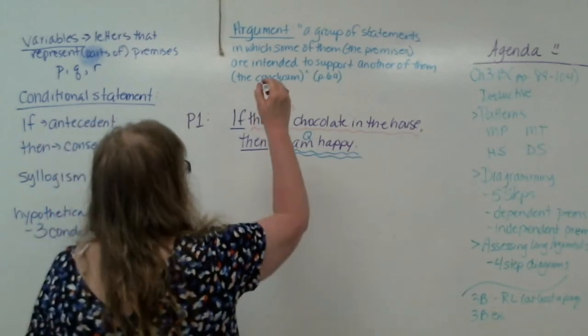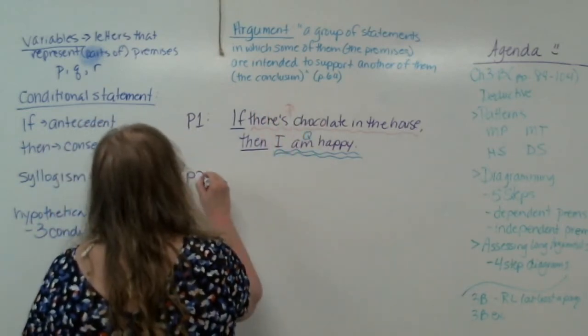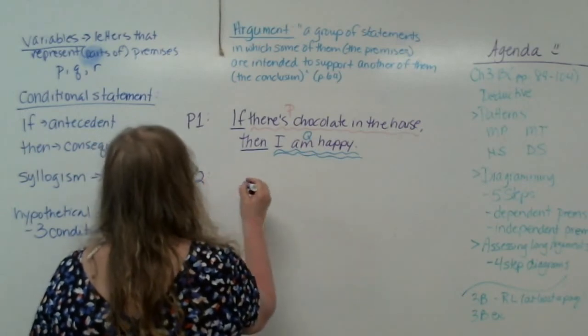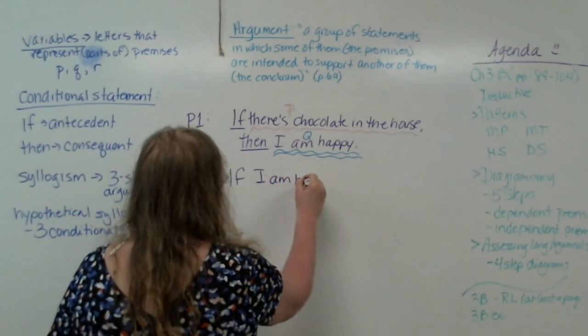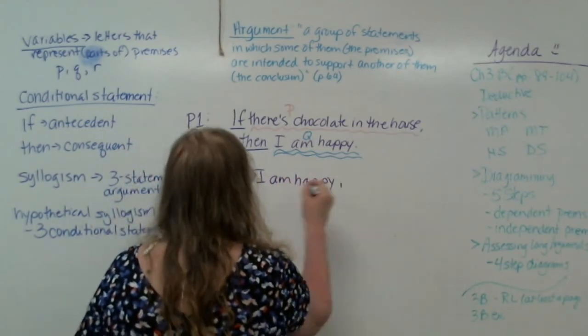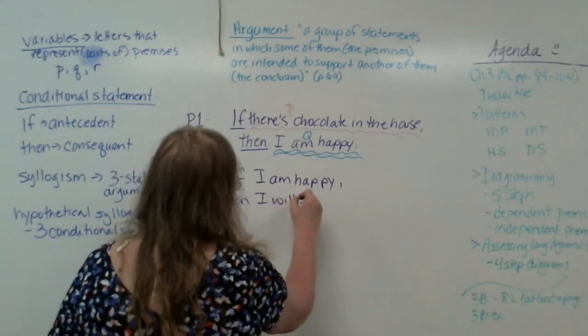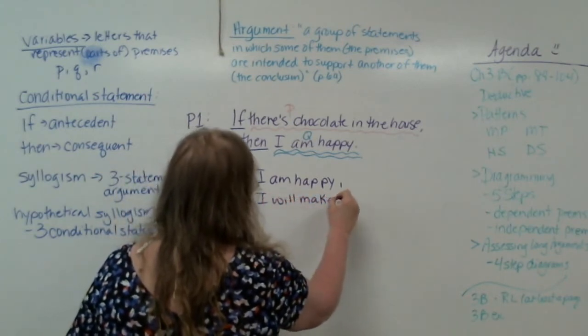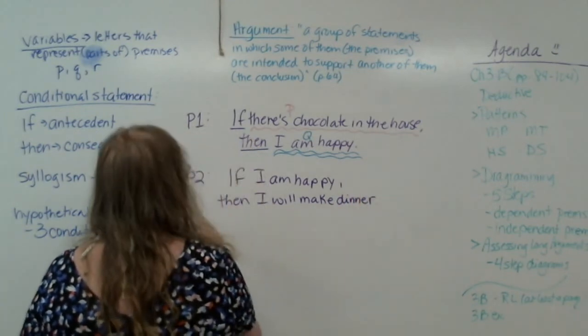Okay, so if there's chocolate in the house, I'm happy. My second premise would be if I am happy, then I will make dinner. Another reason my husband keeps chocolate in the house. Okay?